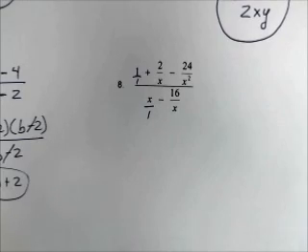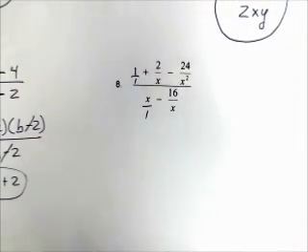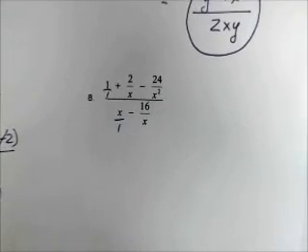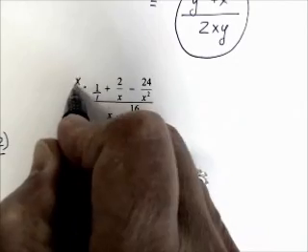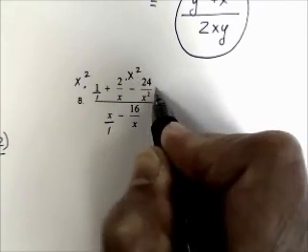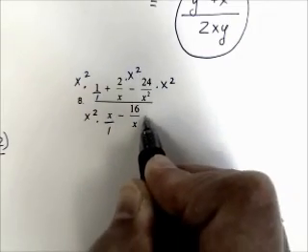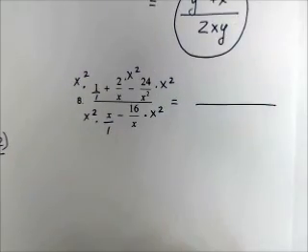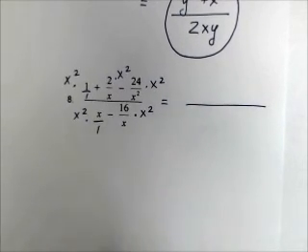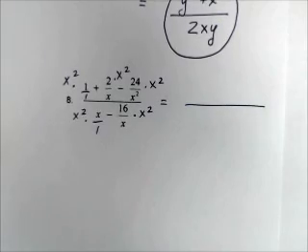Okay, let's look at our denominators. 1, x squared, 1, and x. So the least common denominator is x squared. Multiply every single term by x squared. That's going to clear the fractions in our numerator and clear the fractions in our denominator.